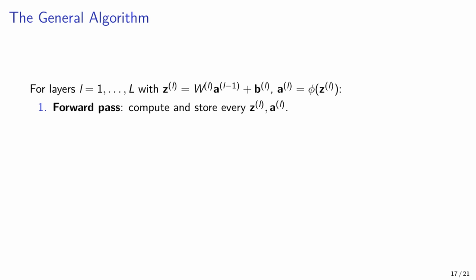Let us state it in general. For every layer, the forward pass computes the pre-activation and the output and stores both. Step 2, the loss, compares the final output to the target.